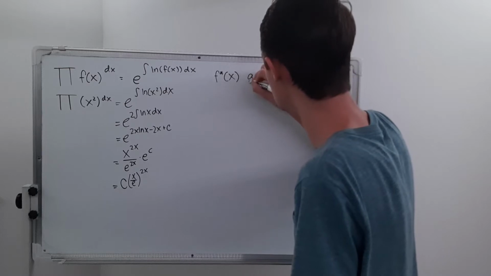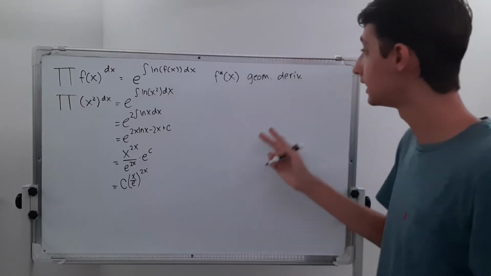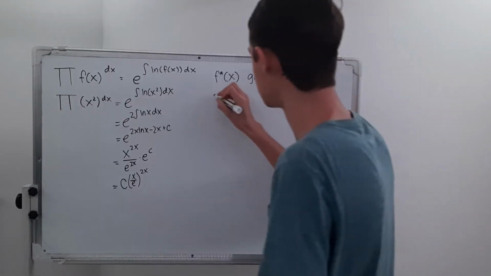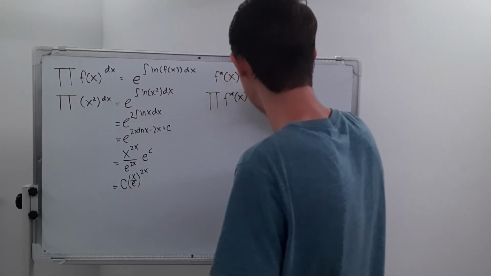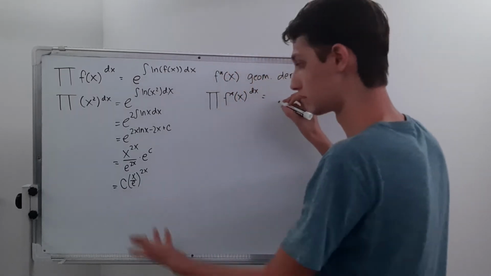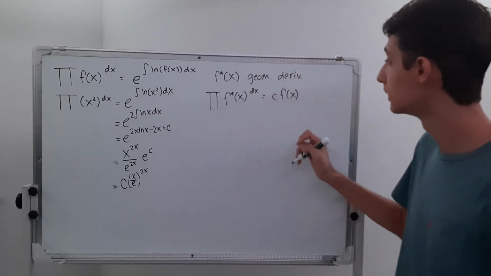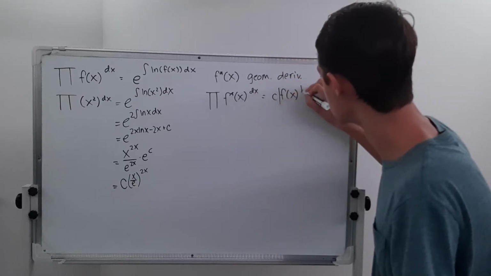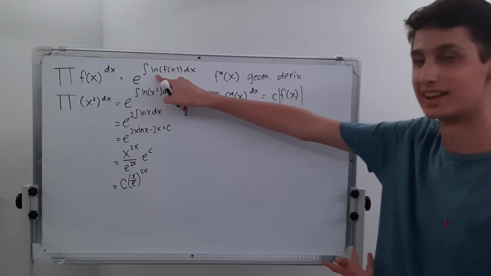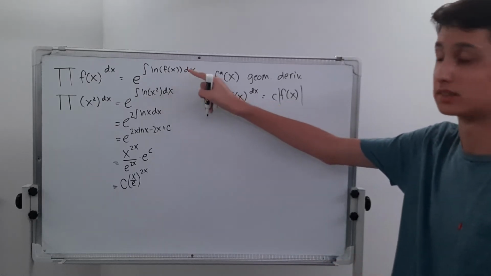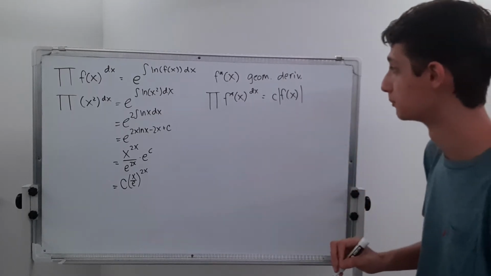So basically, we want the product integral of f star of x to the dx to be equal to some constant times f of x. And actually we want the added condition that it's going to be the absolute value of f of x, because whenever we plug it into the natural log, it's going to have to be positive. So we have to have an absolute value here, okay?